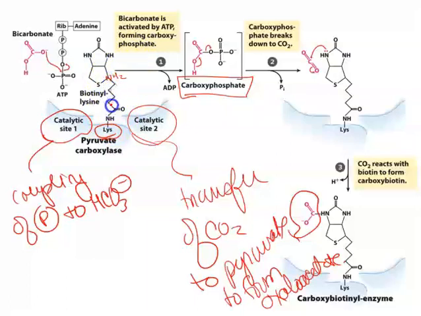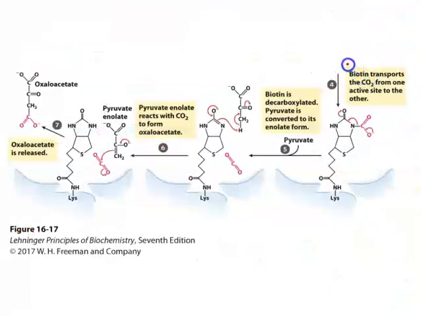These CH2 groups are very flexible because there's free rotation about all of these bonds, and so we have this biotin one carbon carrier on a flexible arm, and we can pass one carbon units from this active site over to this one. This image is showing you the passage of CO2 to pyruvate.